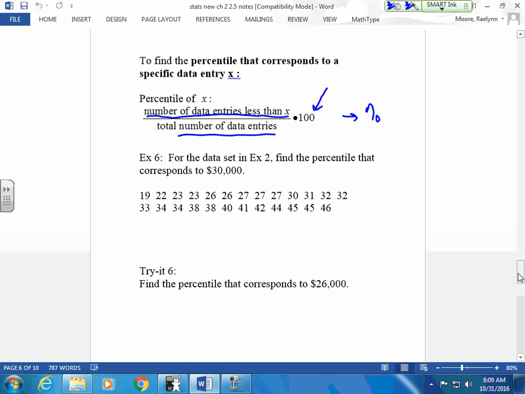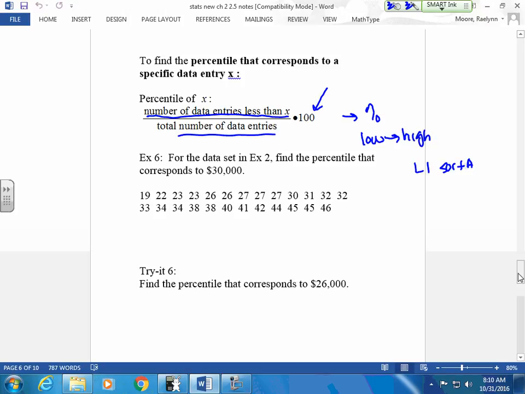So for example, your data has to be lowest to highest. That's why sometimes when you put it into your calculator, the L1, you want to do a sort A. That puts your data lowest to highest. So for the data in example 2, find the percentile that corresponds to 30,000.